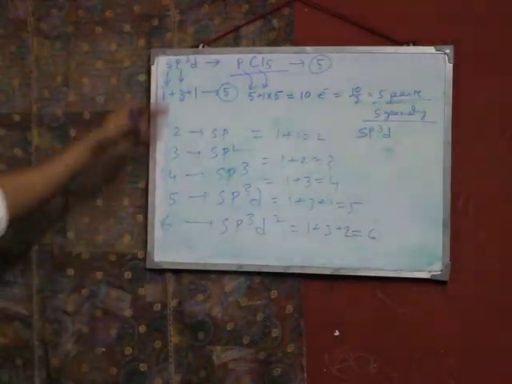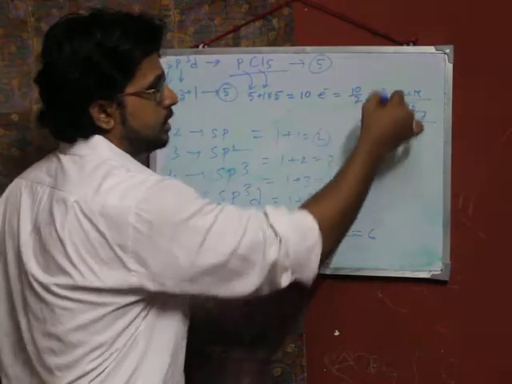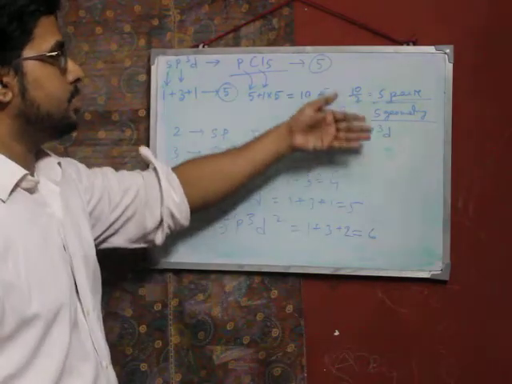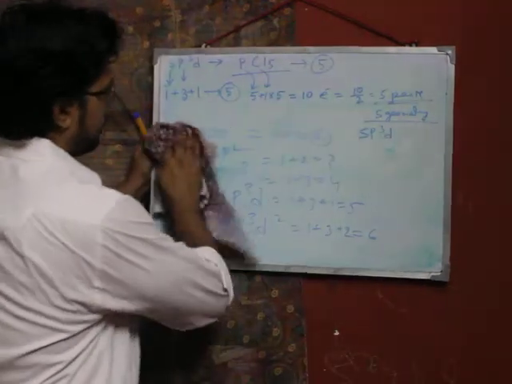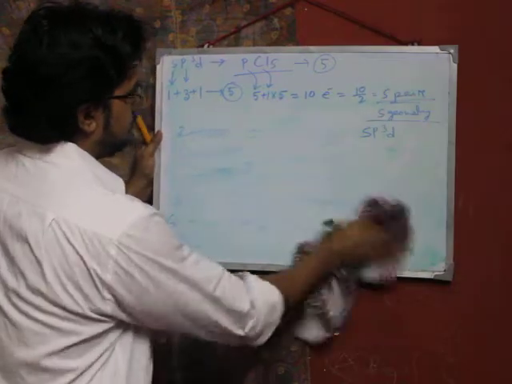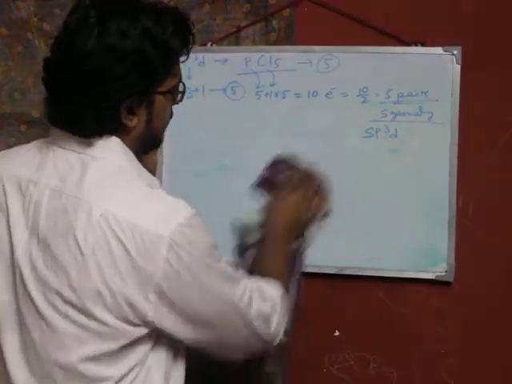Right. This is a very easy calculation. If we do the calculation fast, then it is much easier. Now coming to the sp3d hybrid orbital.